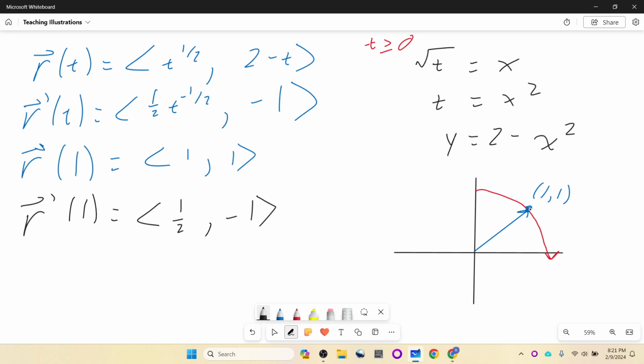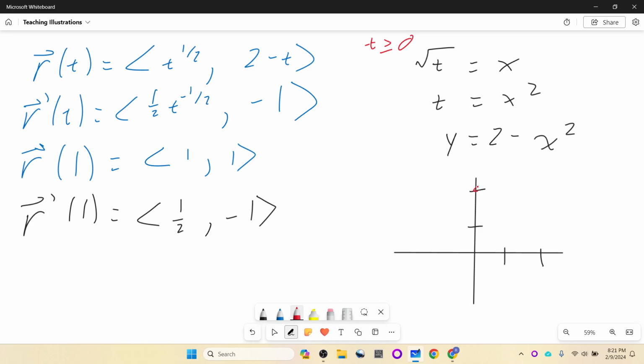So it'll go 1/2 to the right, 1 down. Maybe it's not as tangent as it would look, probably because I didn't draw this quite to scale. Let's see if we can draw this a little more to scale. 1, 2, 1, 2.